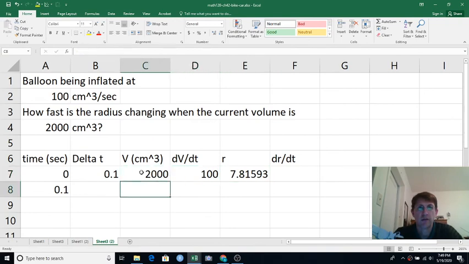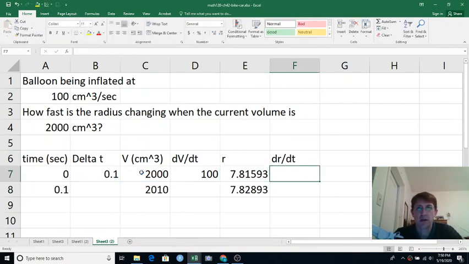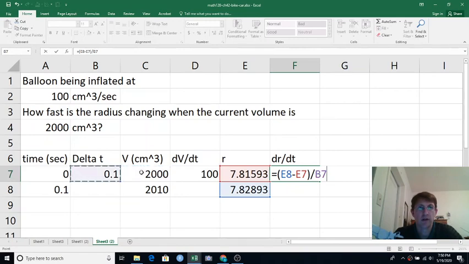And then what's the new volume based on the old volume? It's the old volume plus how quickly we're inflating times delta t. And then copy the formula for r, compute the new radius, and then the rate of change of radius is new minus old over delta t.